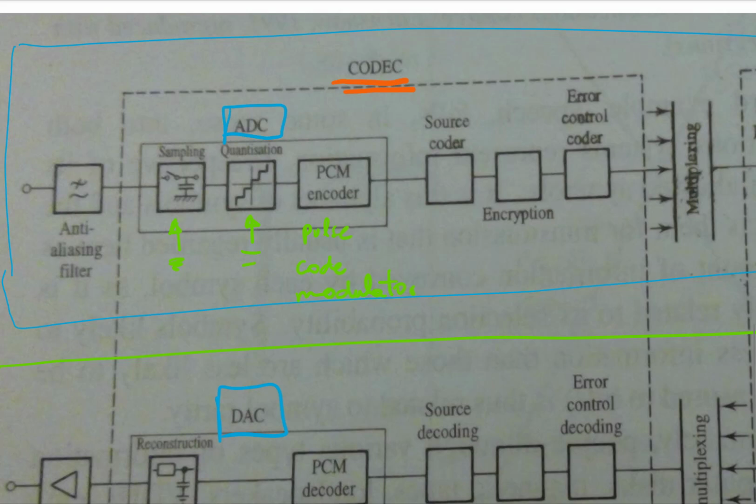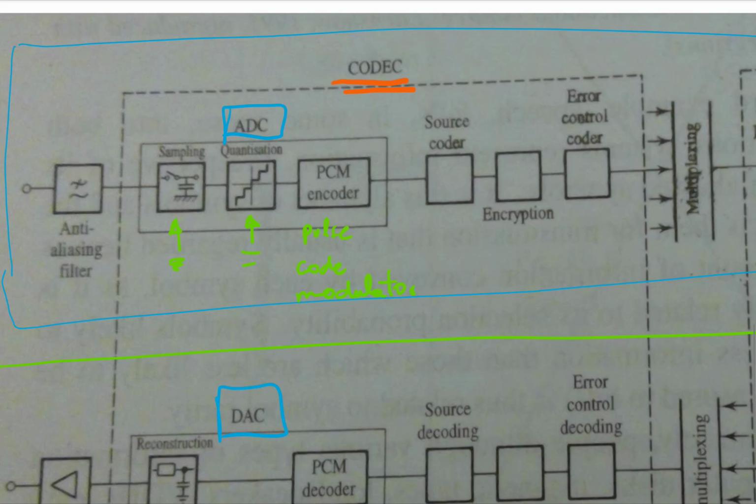The quantizer approximates these voltages by the nearest level from an allowed set of voltages, whereas the PCM encoder converts each quantized level to a binary code word, digital ones and zeros, each being represented by one of two voltages.